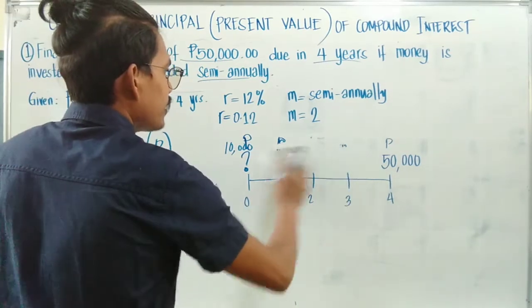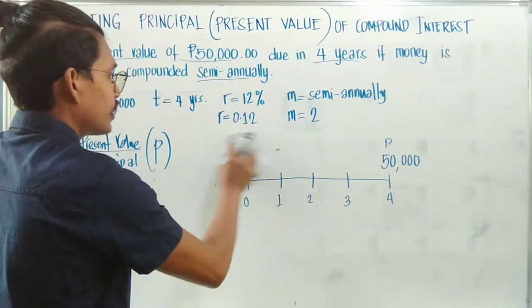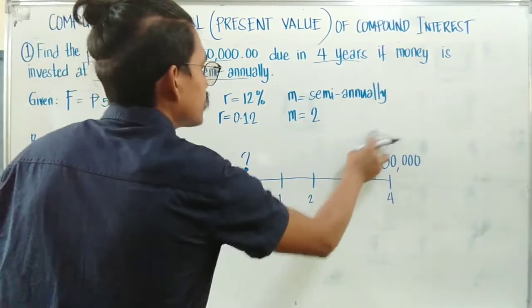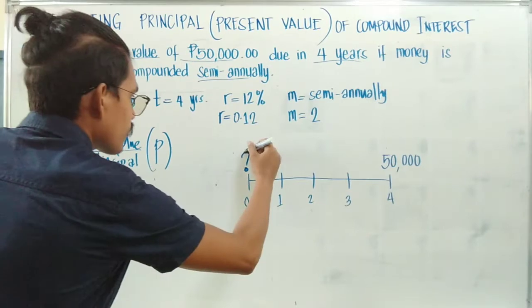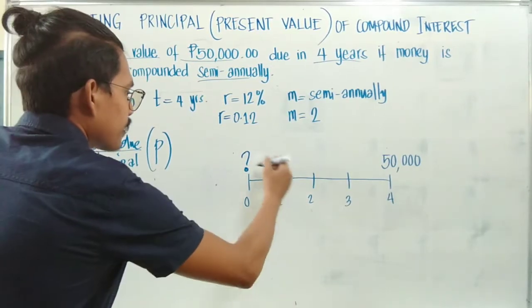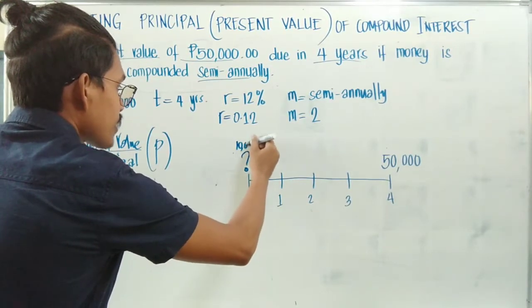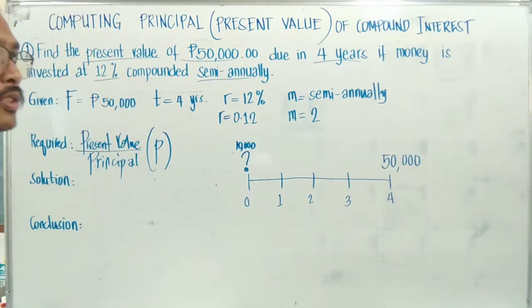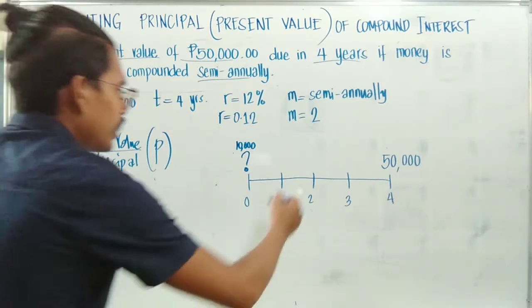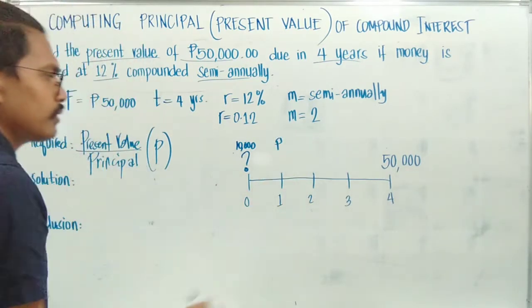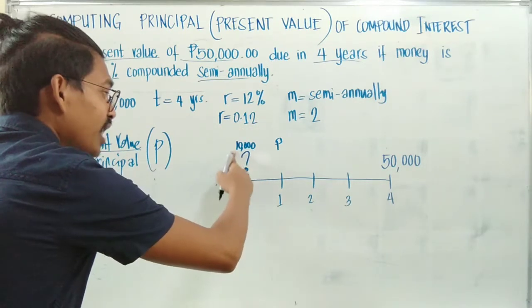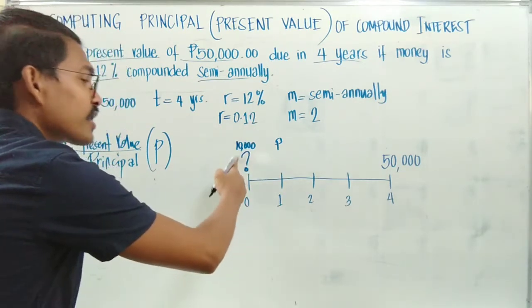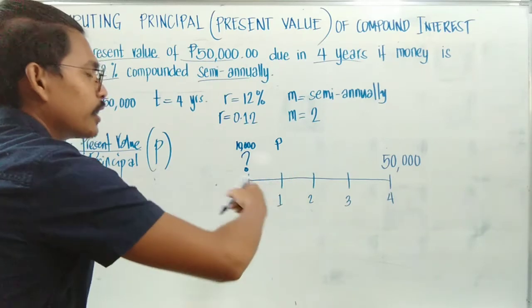But in the case of your compound interest, example, you have 10,000 in here as a starting amount. On the next year, the 10,000 will not be equal to this 10,000.